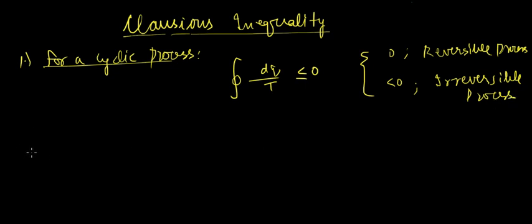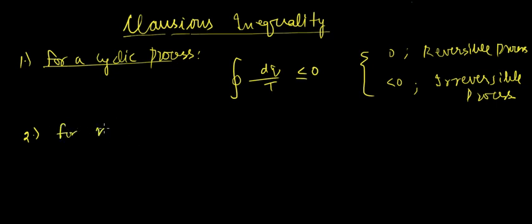We are just going to list down the Clausius inequalities. We are not going to go into the derivation of the same because it is out of the scope of these video lectures and of the JEE syllabus.